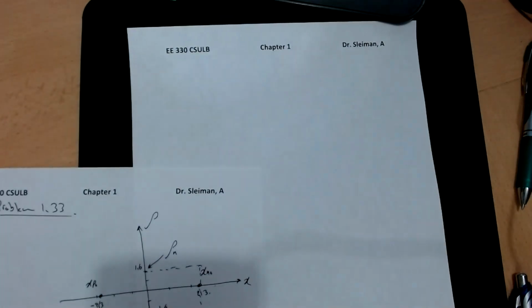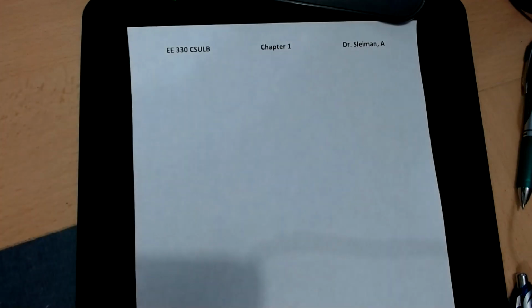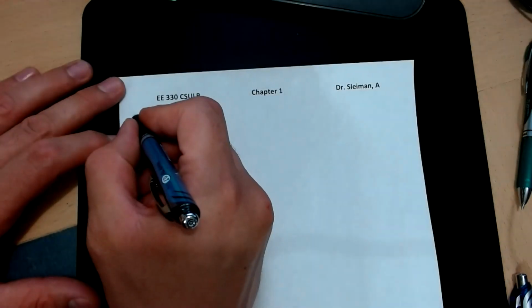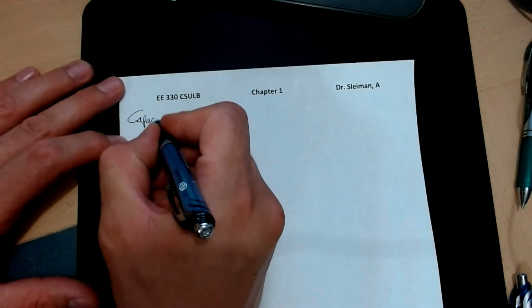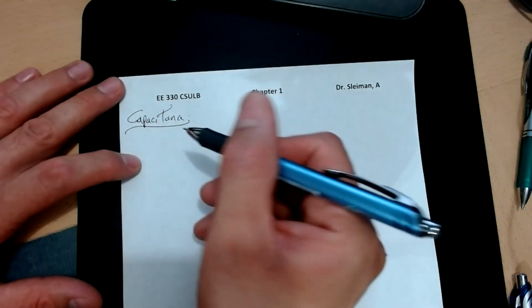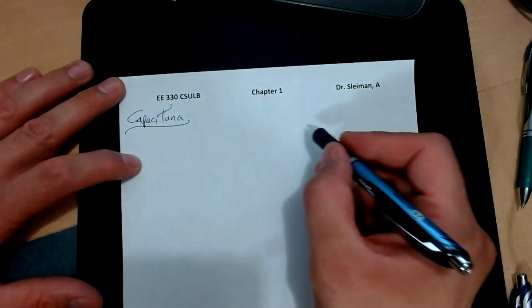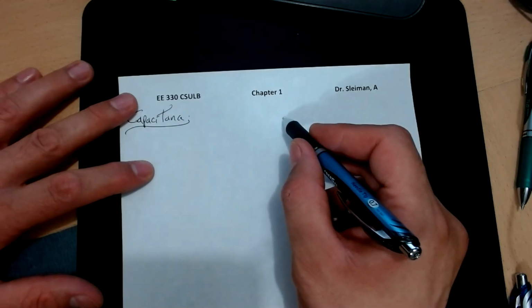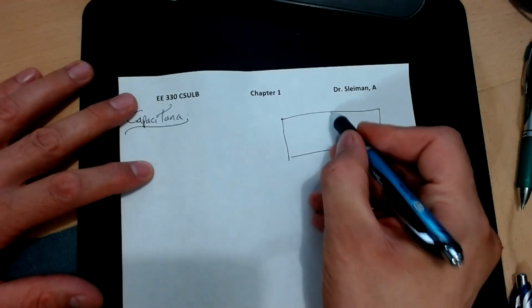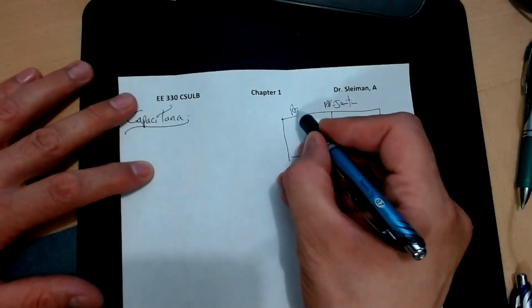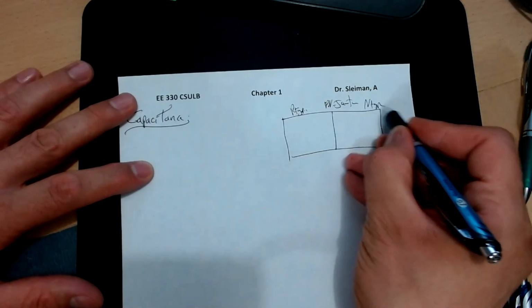Okay, let's continue. Capacitance. Usually when we apply voltage across the PN junction, this is the P type, this is the N type.